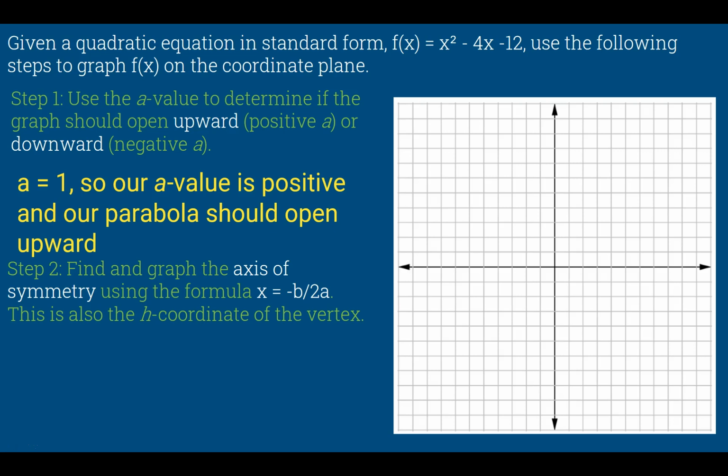So that is step 1, figuring out what A is and which way it is going to open. We're all writing that under step 1. A equals 1, so it's positive.